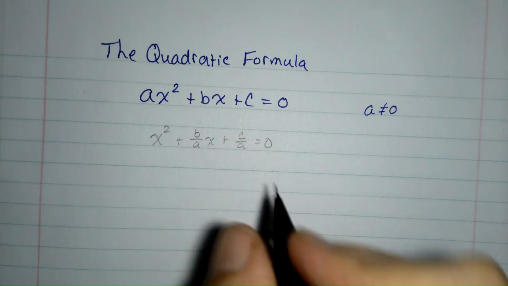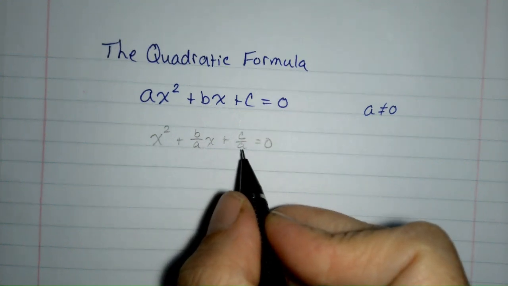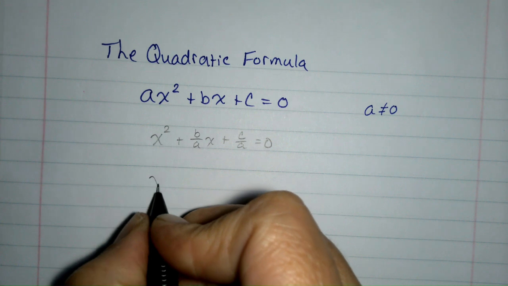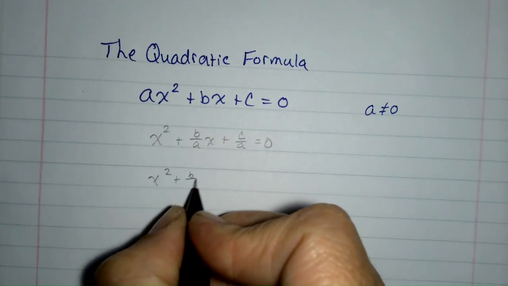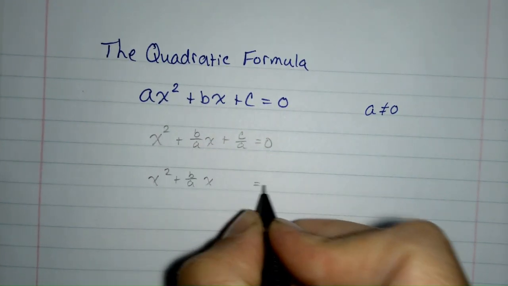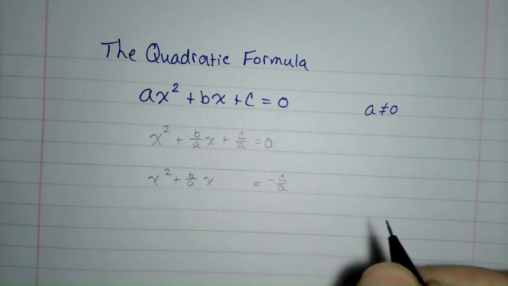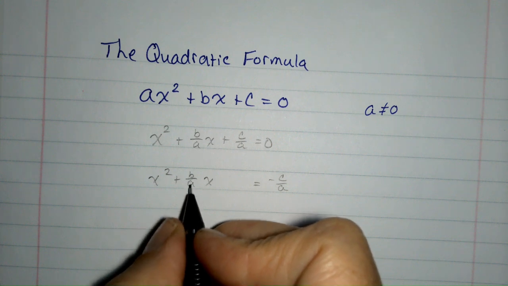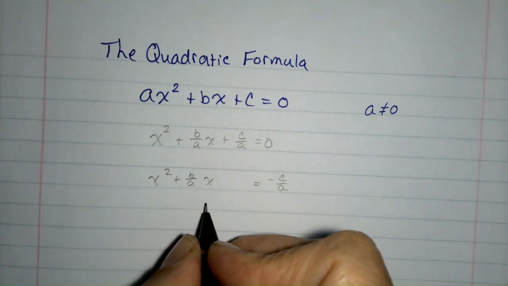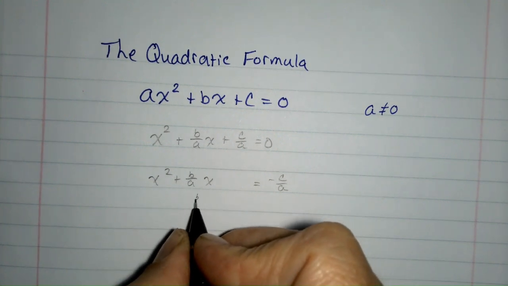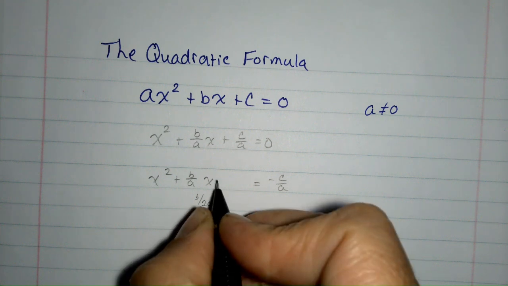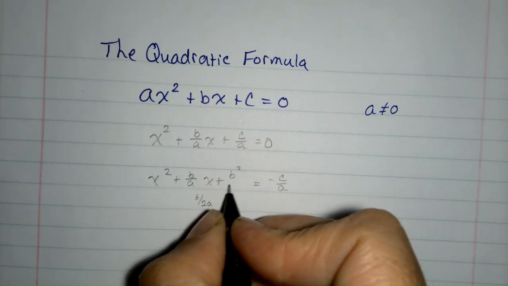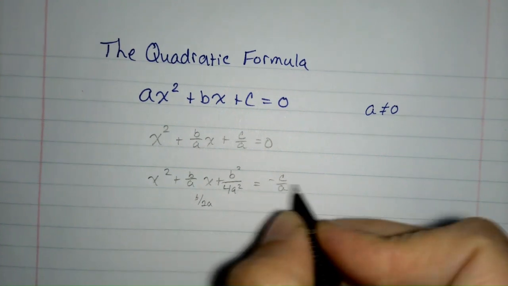The next thing I had us do is move this last piece to the other side so that it would be in the special format. Then I had us divide the middle value by 2 and square it. So if I divide by 2, I get b over 2a. So when I square it, I get b squared over 4a squared.